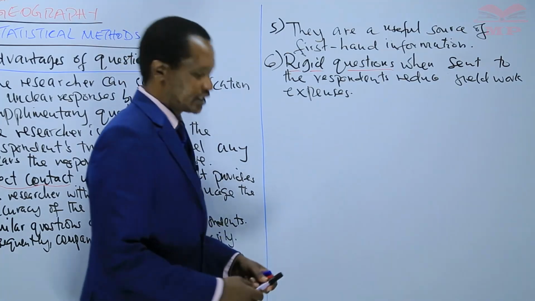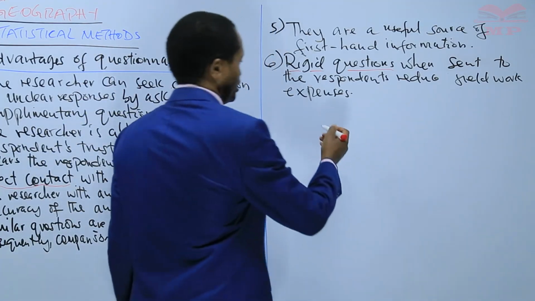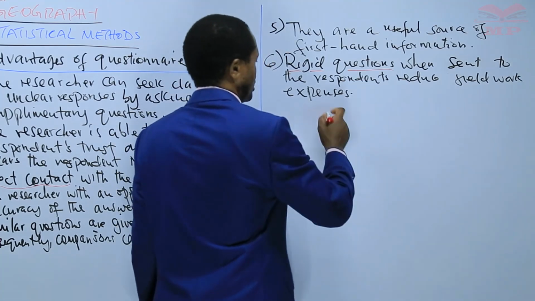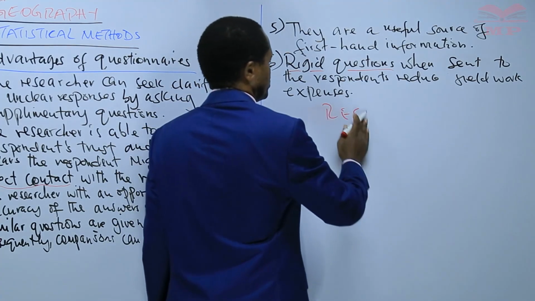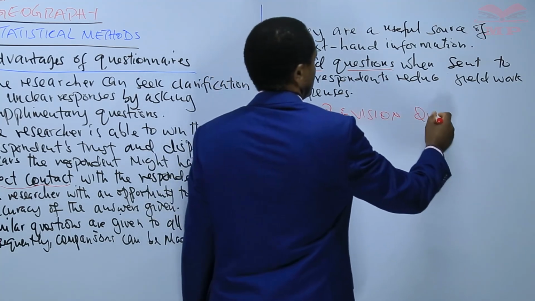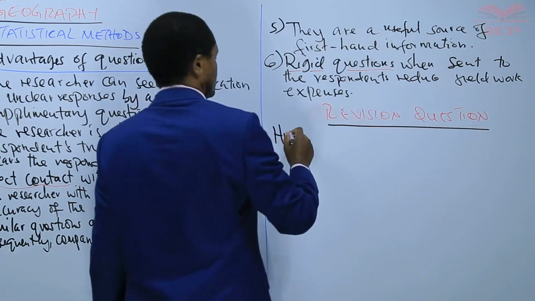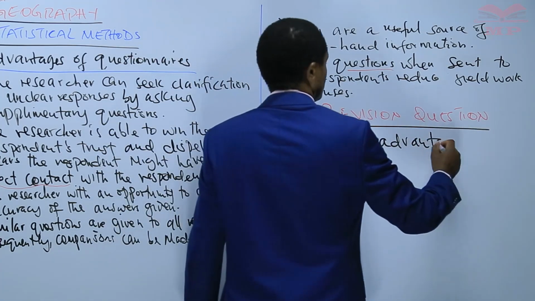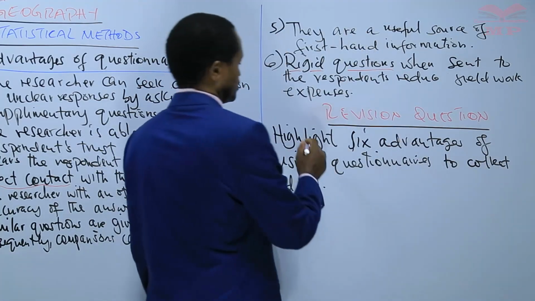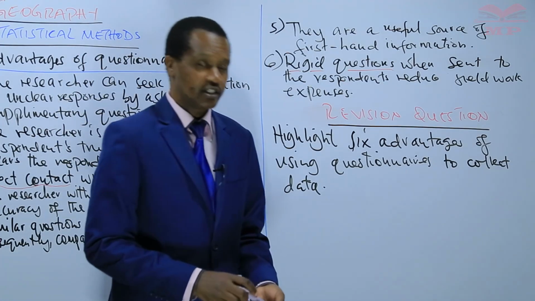Thank you for attending our today's lesson, learners. But before we take a break, I'm going to give you just one revision question. Highlight 6 advantages of using questionnaires to collect data.